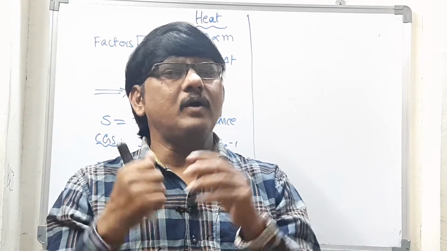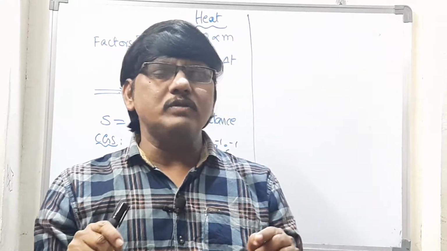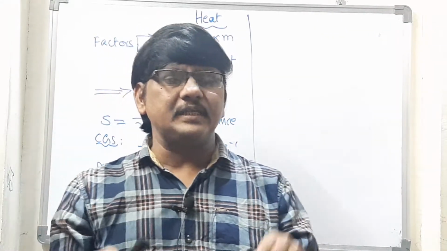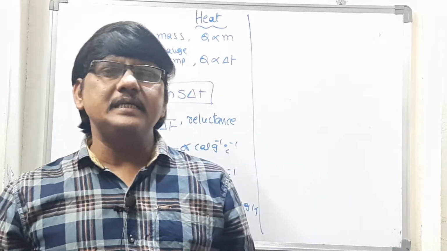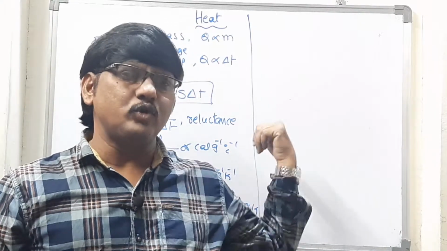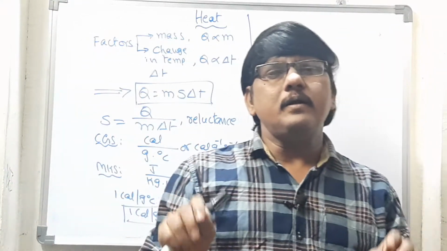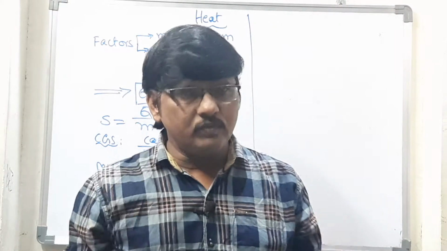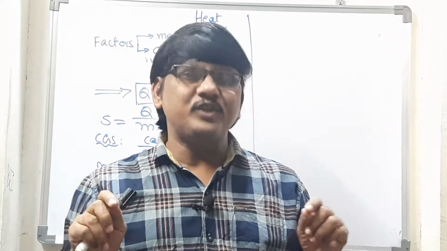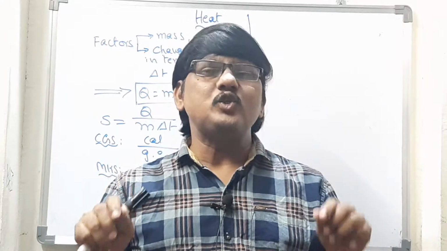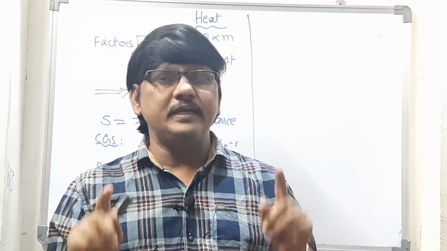That is why the ocean is called the energy storehouse of the Earth. This bit is important. I will give you notes on that, so don't worry about it. Ocean water is called the heat storehouse of the planet Earth. That is the first application.